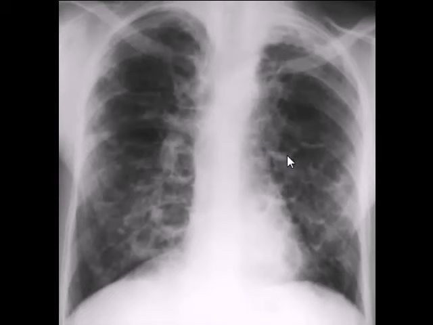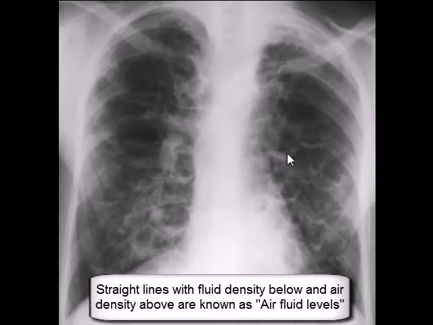A fluid level is simply an interface of air and fluid in a cavity or in a confined area. In erect position, fluid falls towards the gravity, and air, being lighter, rises up, creating such straight lines, such as this one, known as air fluid level in radiology.